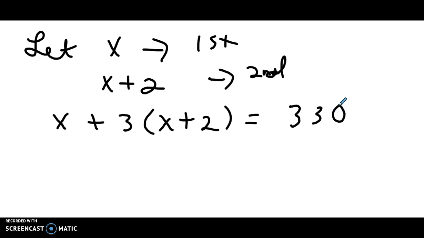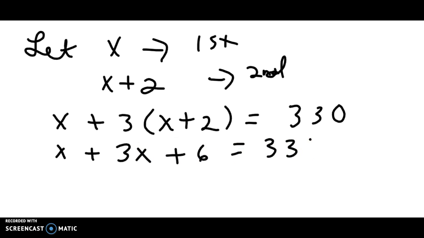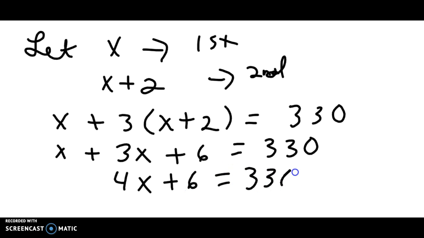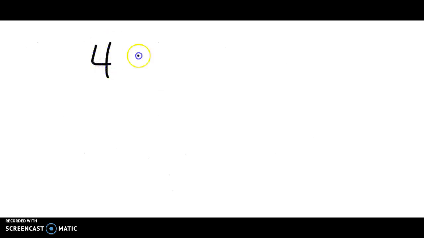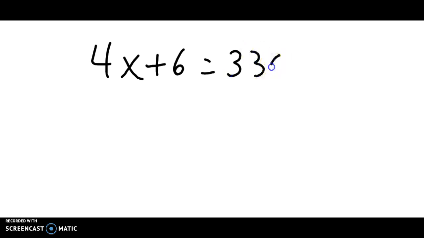Okay, so now I have x plus the distributive property, then we combine like terms, and then we're going to solve for x. So we had 4x plus 6 equals 330.